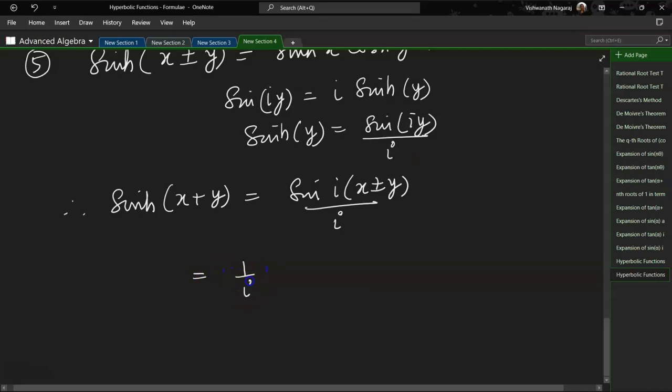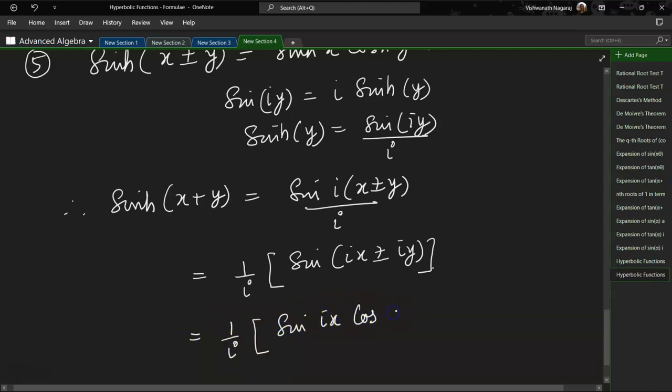I can write it as 1 by i times sine ix plus or minus iy. And I know sine a plus b is sine a cos b plus or minus sine b cos a.